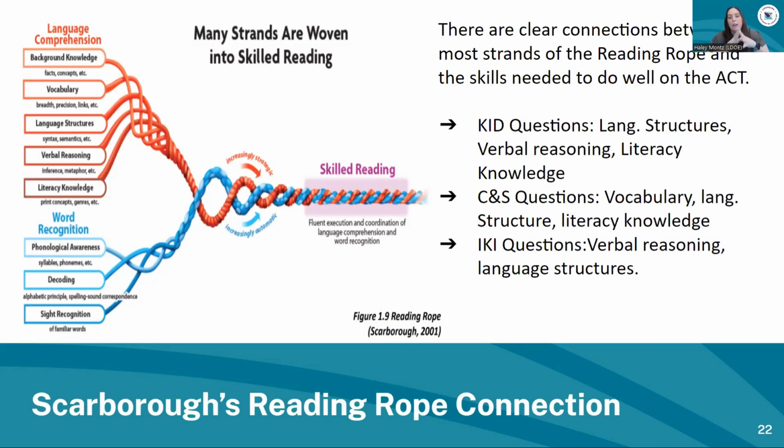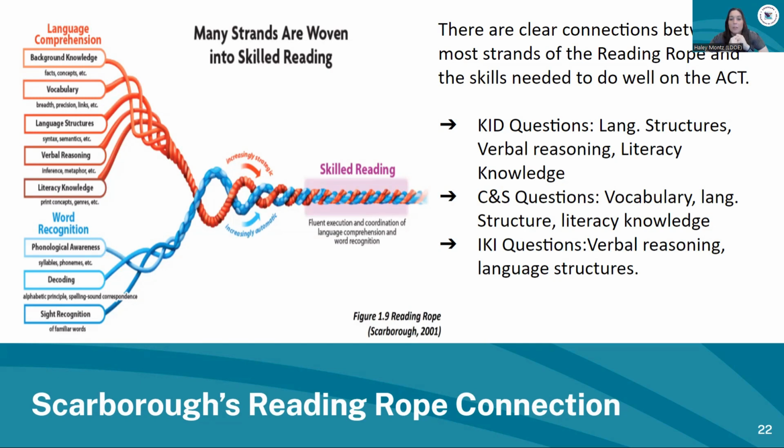I said earlier that these are skills that good readers have, not just skills for kids who are good at the ACT. And all the skills that we discussed in this presentation exist on Scarborough's reading rope, which is the rope that shows us what all the skills are that make up a good reader. In the language comprehension strands, so all these red strands that you see at the top, that is where most of our secondary students, or most of our secondary teachers, are focusing with our students.